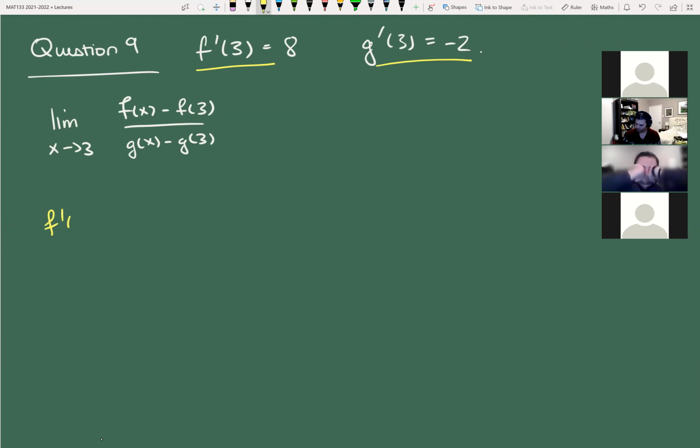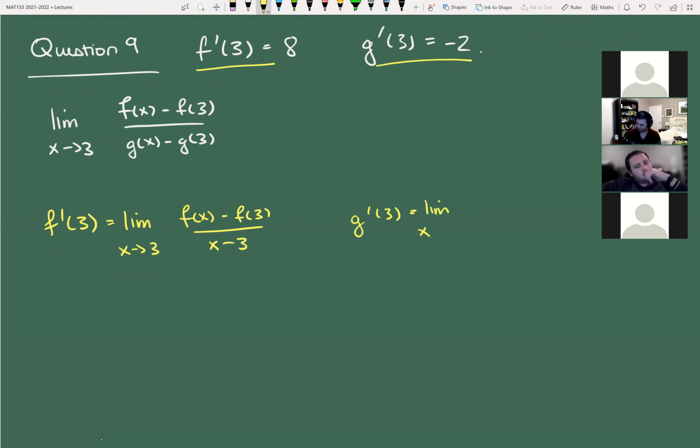So f prime of 3. And the important point here is to use this version of the limit definition. Like this. And if we look at this, we see a couple of things.